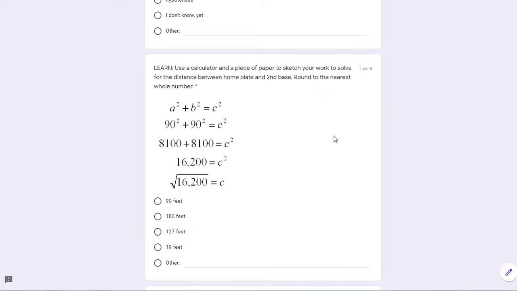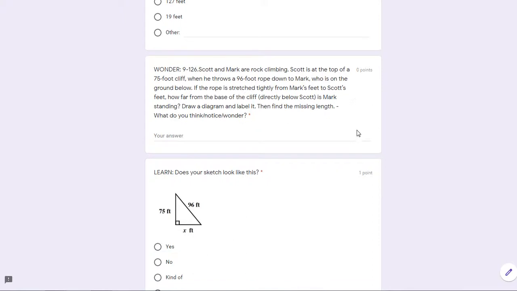Go ahead and head on to the next question, and you're going to see where it talks about Mark and Scott rock climbing. Scott is at the top of a 75-foot cliff, and he throws a rope down to Mark, who is on the ground, and they stretch the rope out. Okay, it says the missing length is what we're trying to find. So if I drew a picture, here's the picture right here.